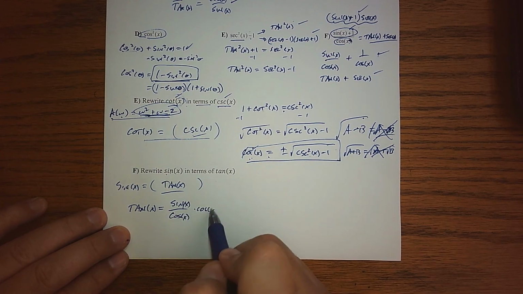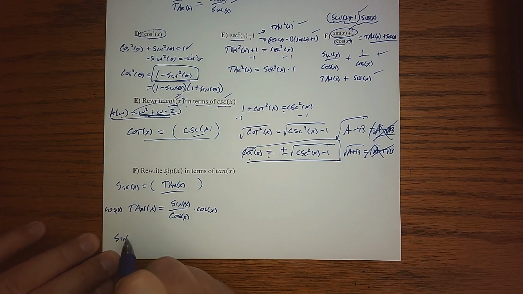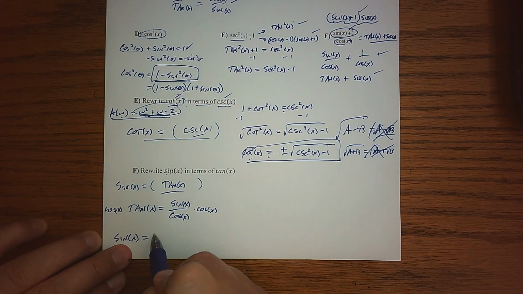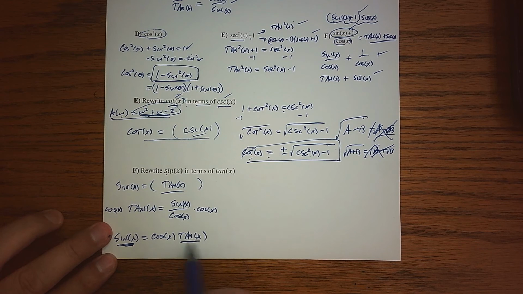If we multiply both sides by cosine, we get that sine of x is equal to cosine of x times tangent of x. So the good news is I've got sine by itself.